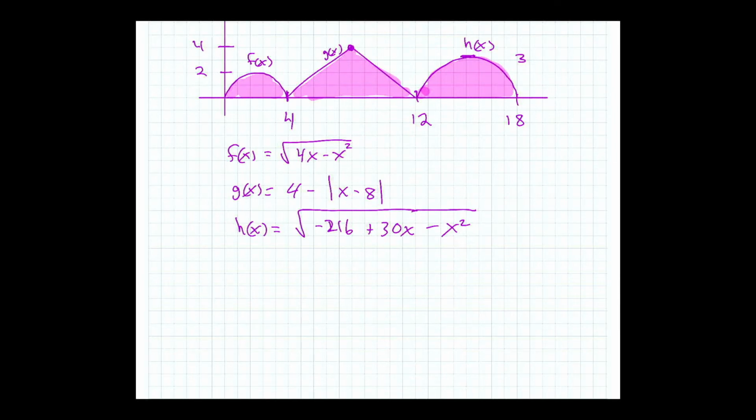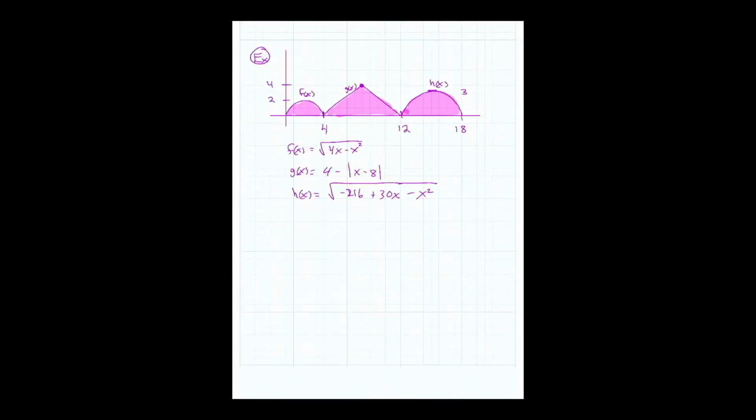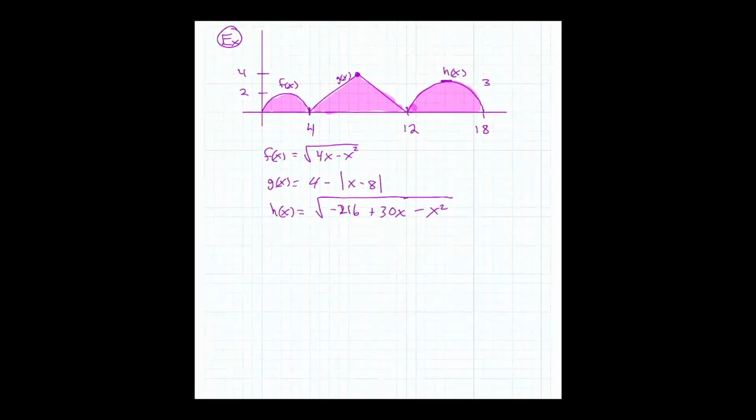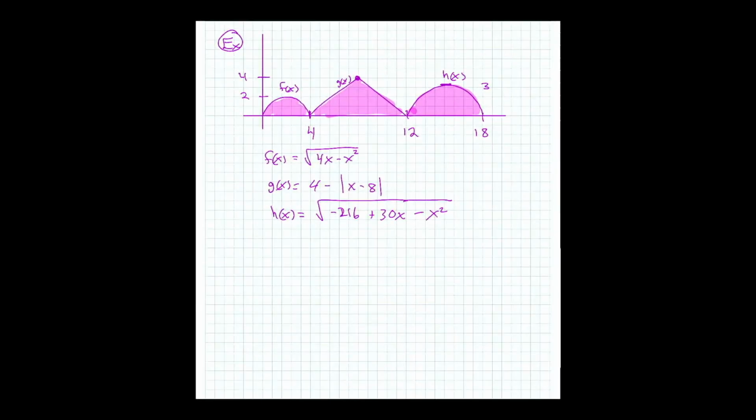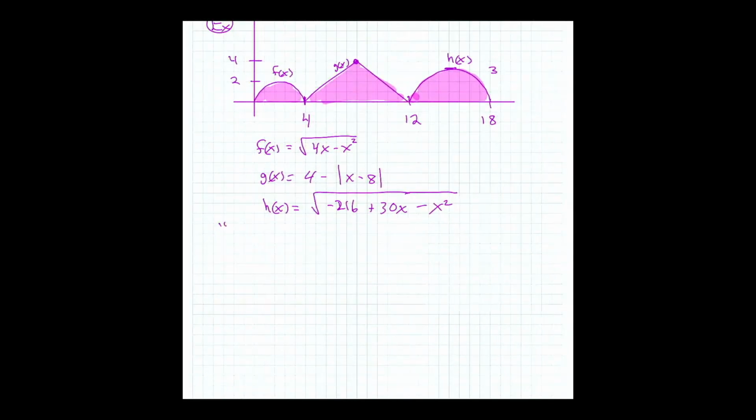Okay, so the problem says to evaluate the integrals of the functions graphed in the figure and enter the sum of all shaded areas in terms of pi. So they give you all of this here, and they don't write an integral down, but the problem says something like use formulas for area to evaluate the integrals.